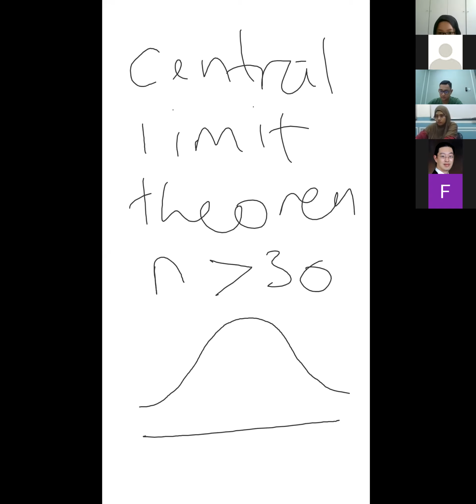That means the middle here will be all the averages of the X bar, equal to mu.